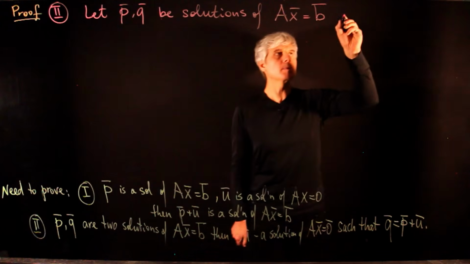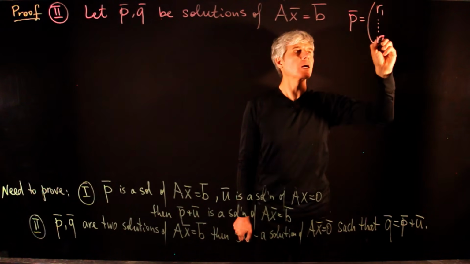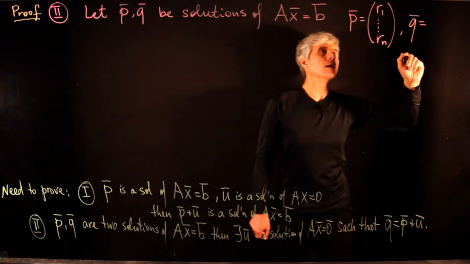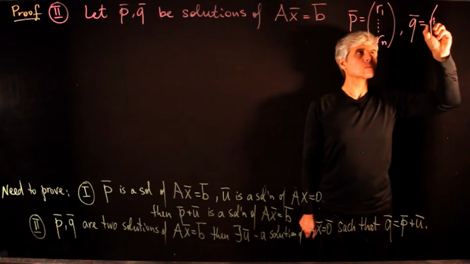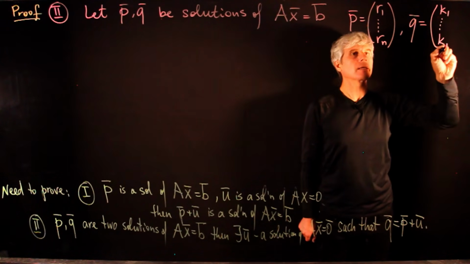So we can write p as r1 through rn and q as k1 through kn.